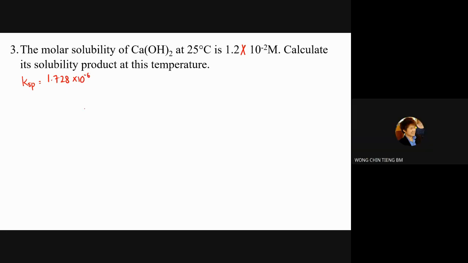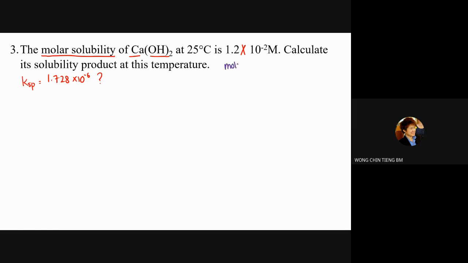Alright, can we have a quick one? So, the question says the molar solubility of calcium hydroxide at 25 degrees Celsius is 1.2 times 10 to the power of negative 2. In other words, we pull out the data.